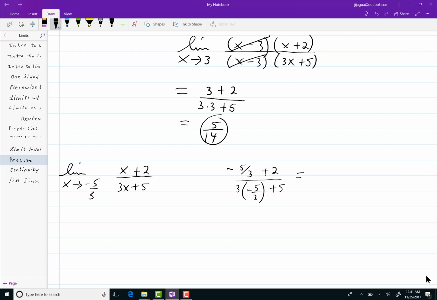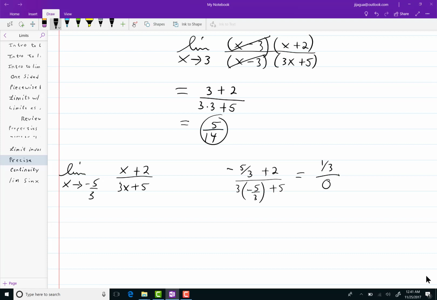That would give me 1/3 over 0. Now, some people might think that this means that it's going to be positive infinity for the answer. That is not necessarily so.